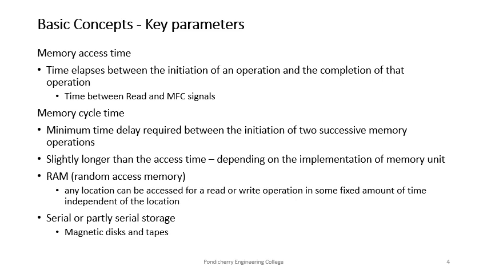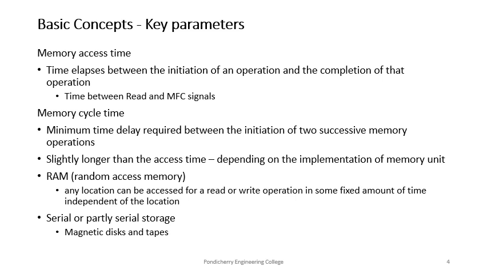A memory unit is called random access memory, or RAM, if a particular location can be accessed either for read or write in some fixed amount of time, which is not dependent on the location or address. So any address or location can be accessed in a fixed amount of time. It doesn't depend on which location it is.